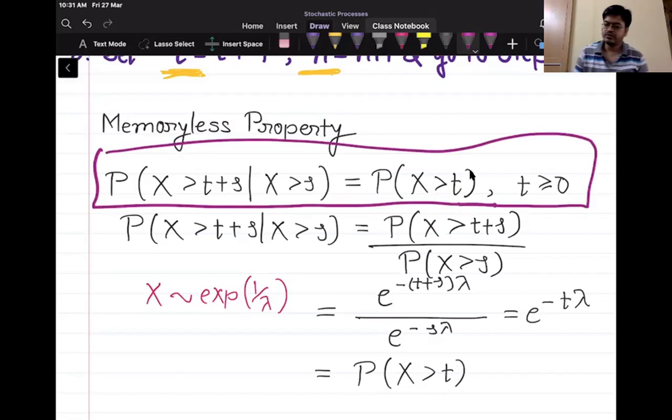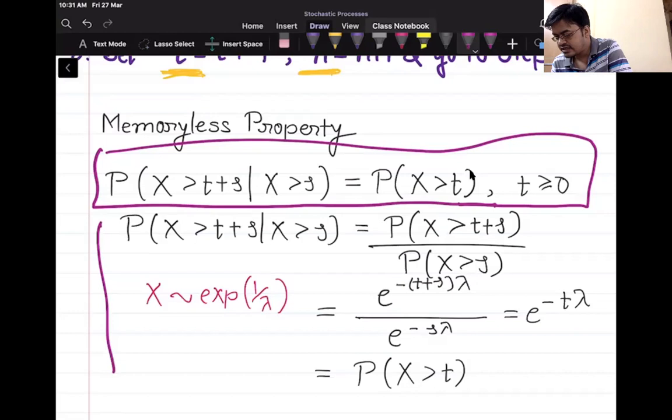In some of the offline classes, we have already shown that if a distribution has the memoryless property, then it must be exponential, and if it is exponential, then it must have the memoryless property. We can easily prove this property using this particular calculation. Let me go through it quickly.